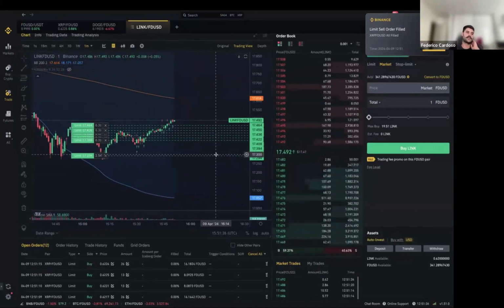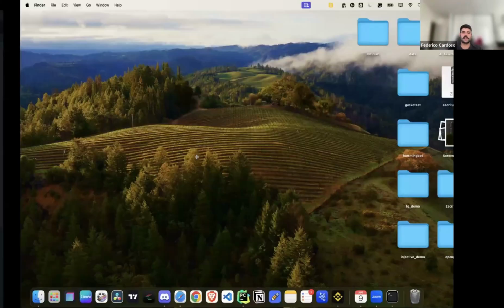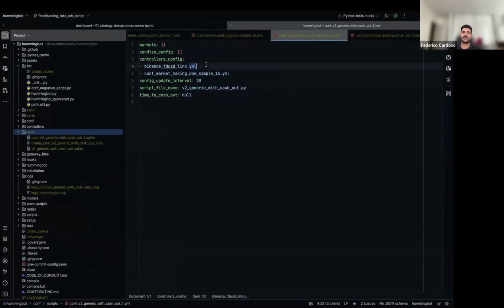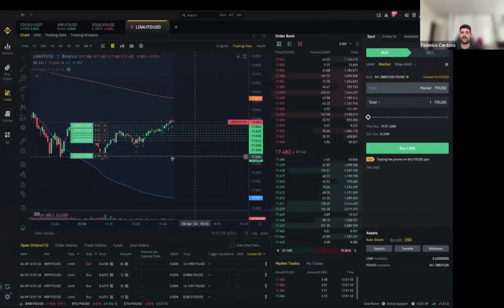The thing is that this V2 framework lets you customize the strategies as you want. In this case, we are using just the same bot to run the two strategies. As you can see here, we are running this controller, that is the one we are playing on Link, and this is the one we are playing on XRP.